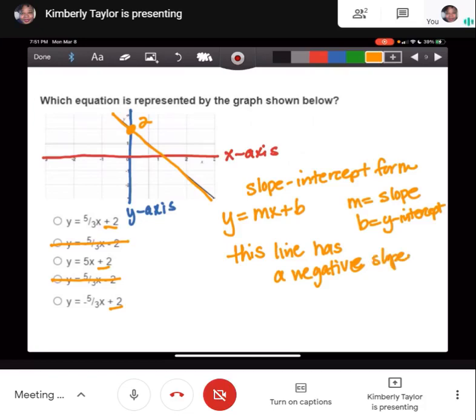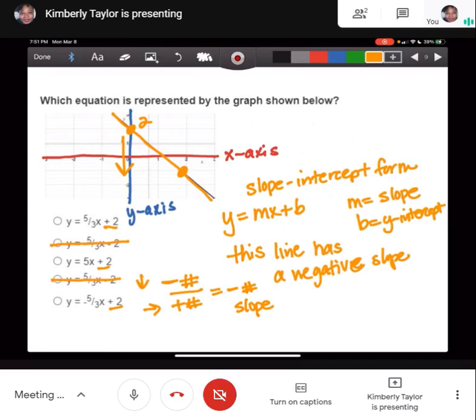To get from one place on the line to the next, let's say I'm going down here, I need to go down, which is a negative number, and then I need to go to the right, which is a positive number. When you're working with fractions and you have a negative number and a positive number, your answer is going to be a negative number. So that number represents my slope, and that's how I know I have a negative slope.